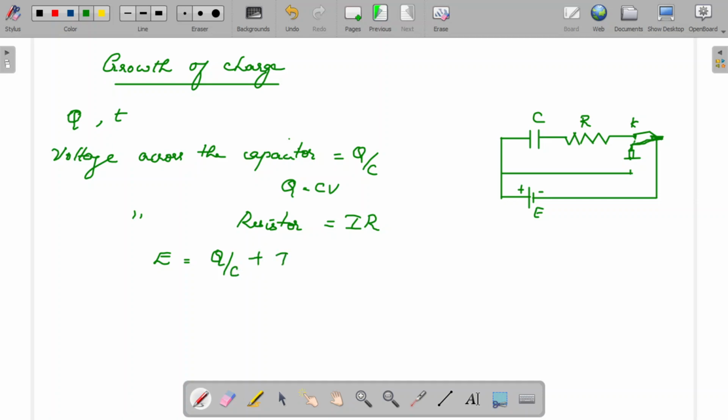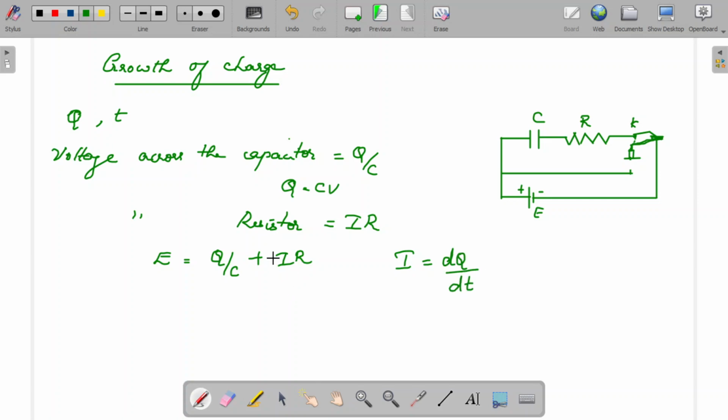Now what is current I? You have learned that current I is the rate of change of charge, or dq by dt, right?